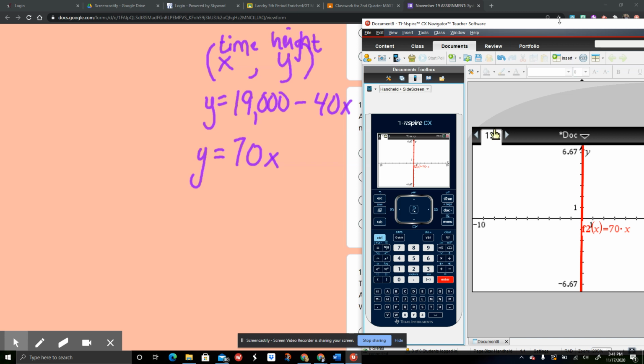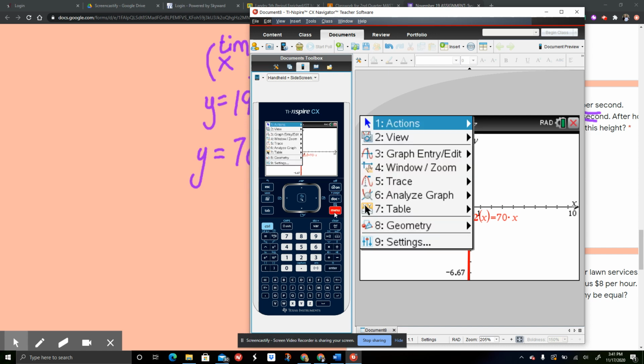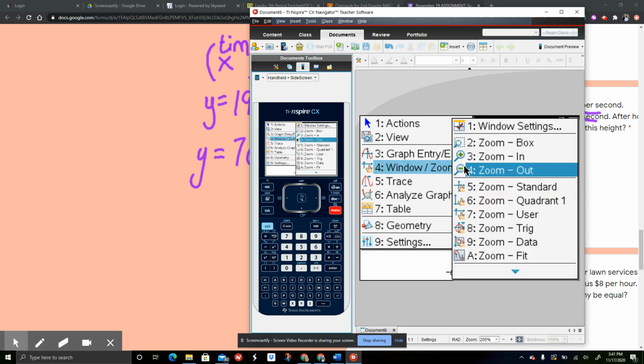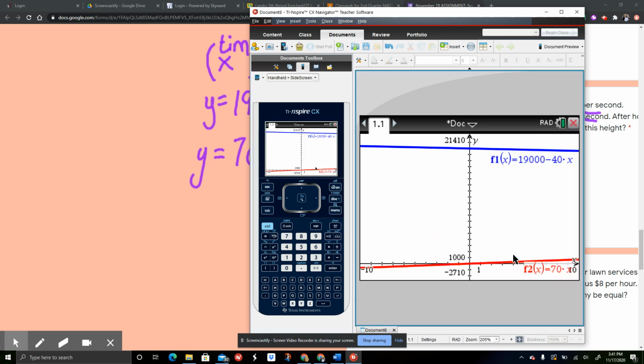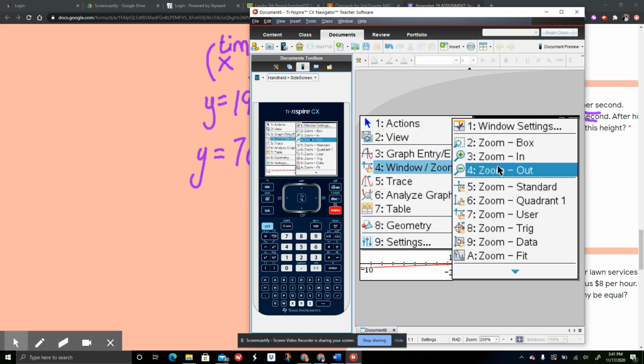Now, as you can see on the screen, I only see part of one line, and that's because the numbers are so big. So what I'm going to do is hit Menu, 4 for window zoom, and then A for zoom fit. And I still don't see an intersection, so I'm going to have to zoom again and zoom out.